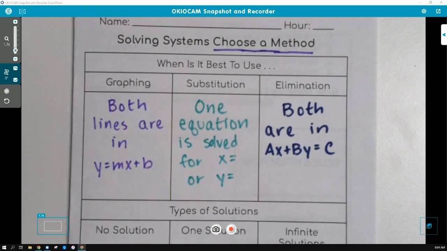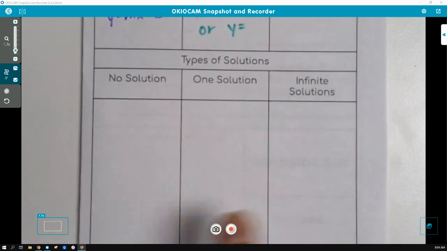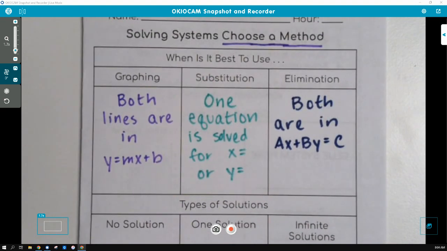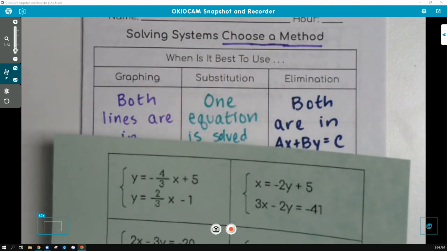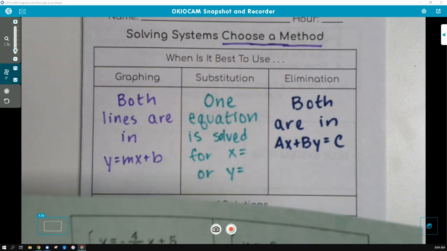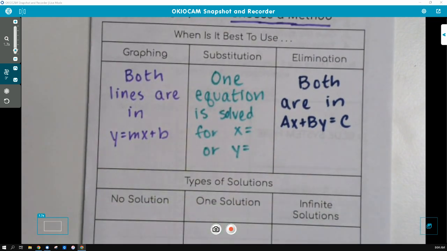Okay, we are going to fill out this types of solution box, but we're going to wait a second to do that. Right now, what I would like for you to do is cut these out. Please do so in an efficient manner so that we can sort them here momentarily. Of course, I don't have my scissors. So cut them out. Just going to let the video go.